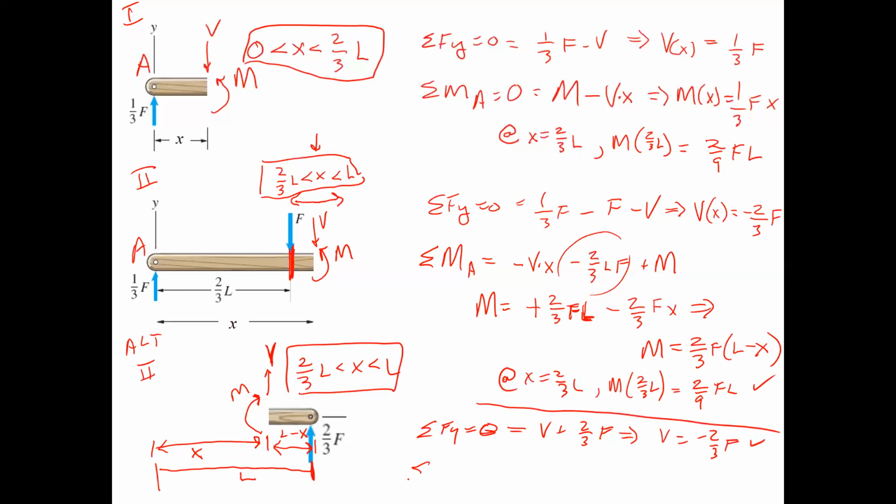And the sum of the moments at B now, that's the right side of the beam, we can do that, equals 0, and that is going to equal, let's do some moments, shall we? Someone give me a moment?